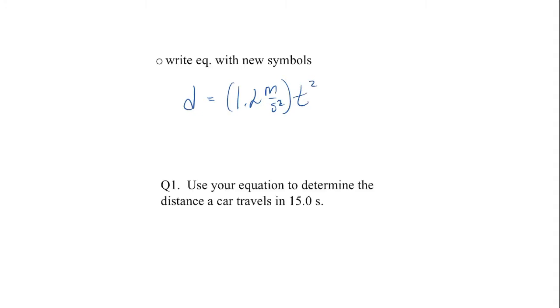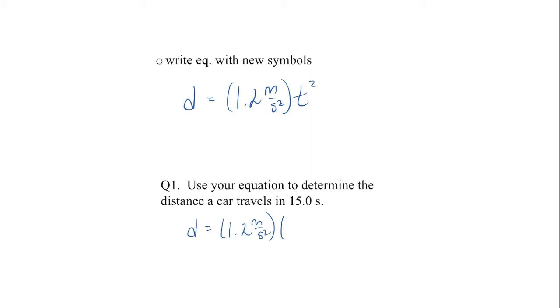So for example, now we're going to use the equation to determine the distance a car travels in 15 seconds. Oh, well then I just need to plug in 15 for time here. Now, keep in mind, when I was plugging in from my graph, my x-axis had already been squared.